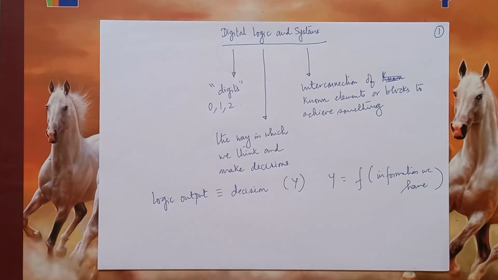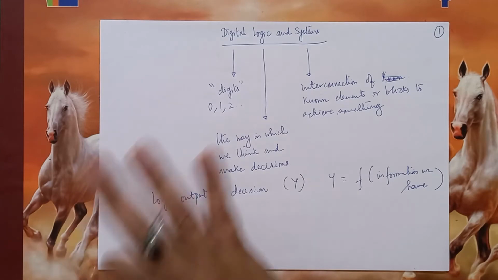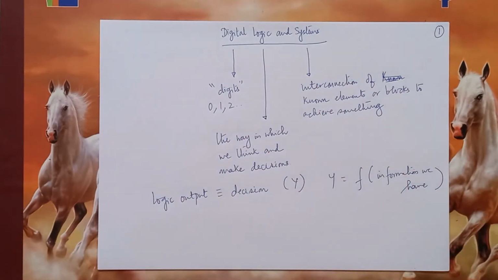Let us try to see a real life scenario under which we could look at logic both as a way in which we think and make decisions using the information that we have. Also, we will look at this using digits.